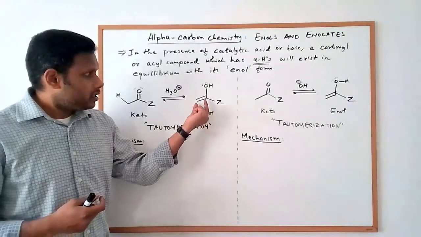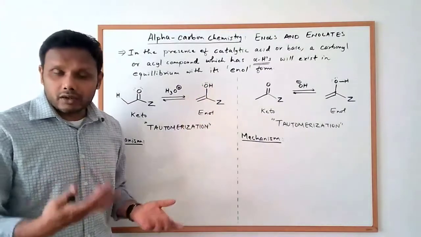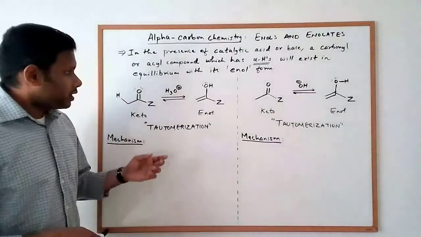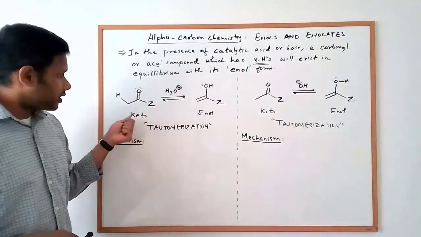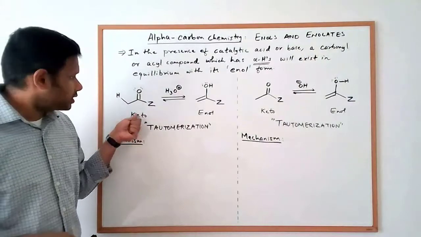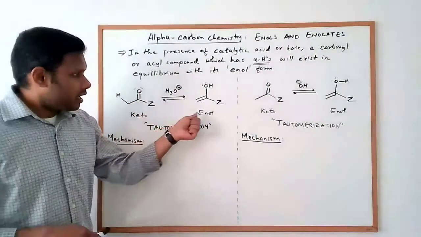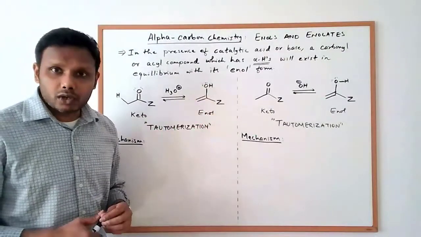There is an alkene in this molecule, and there's also an alcohol part of the molecule. So that's why it's an enol. These two forms are referred to as the keto form, where the carbon-oxygen double bond is there, and the enol form, where you have the carbon-carbon double bond with the hydroxyl group on it.